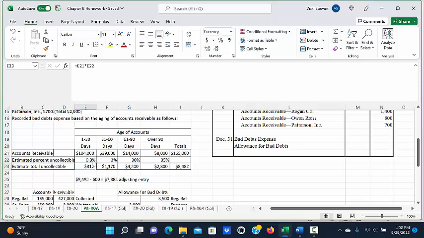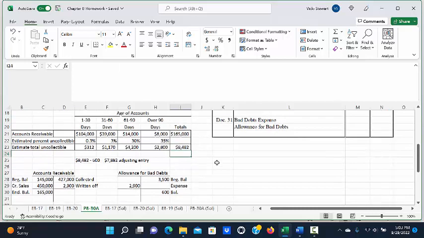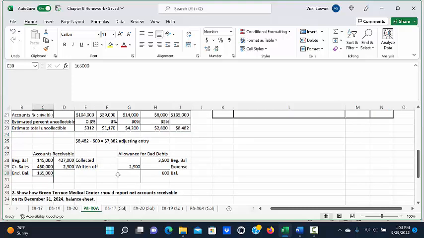So for the 1 to 30 days, it would be $312. For 31 to 60 days, it would be $1,170. 61 to 90 would be $4,200, and over 90 days would be $2,800. When you add those amounts together, we get $8,482 as the estimate of the total uncollectible accounts for the $165,000 in accounts receivables.